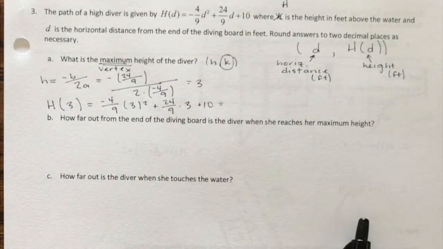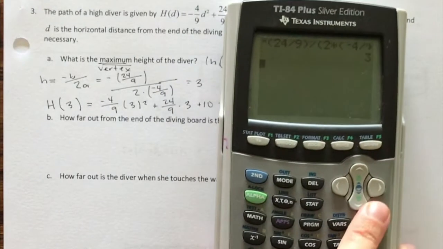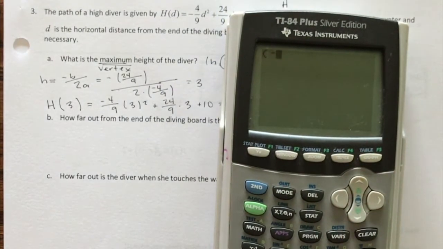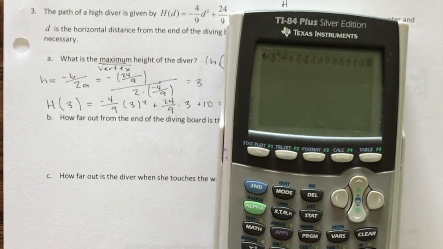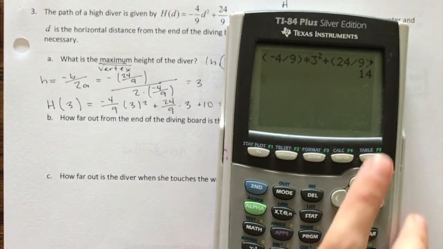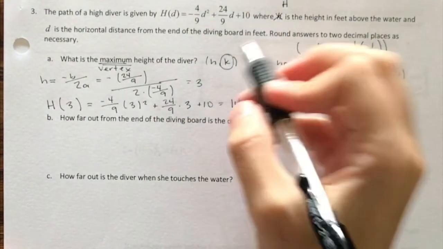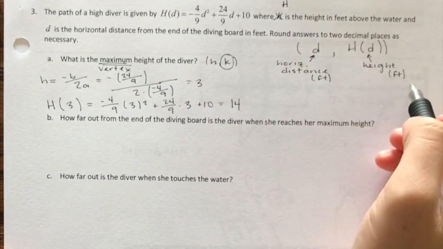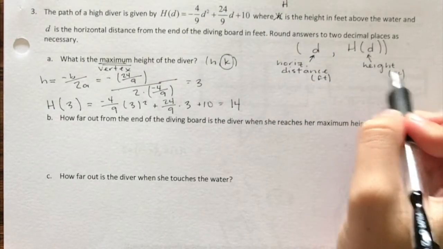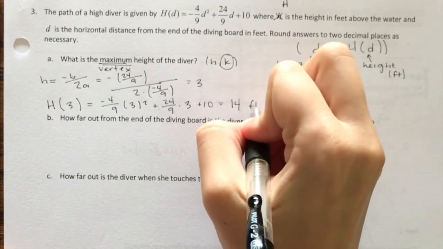We plug that into our calculator. That gives me 14. That's k. What are our units here? Well, we said that our units of height were in feet, so this is 14 feet.